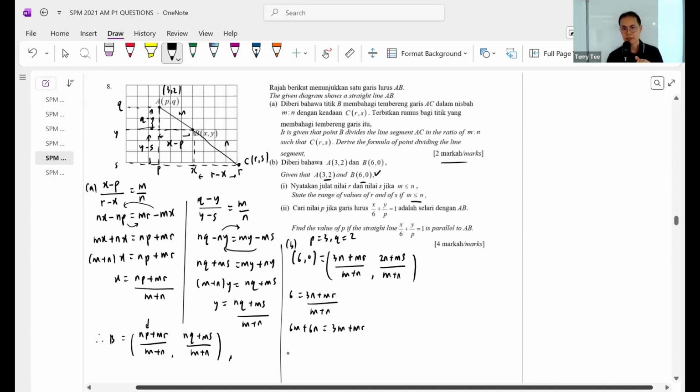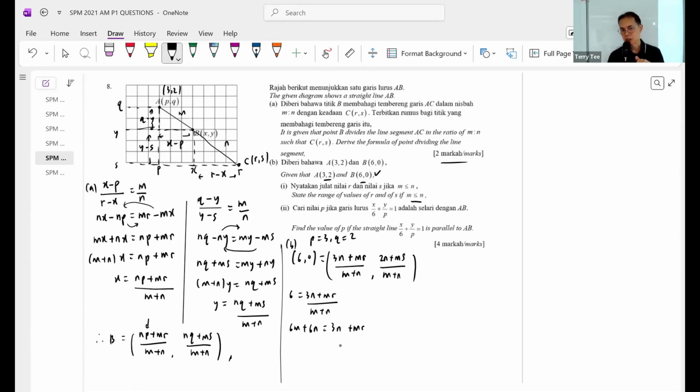I need to find m over n. 3n, not 3m. Wait, I think I wrote wrongly. 3n, thank you. So 3n here. I need to group them together. So I throw my m to one side, n to one side. So 6 minus 3 is 3. This is mr minus 6m.